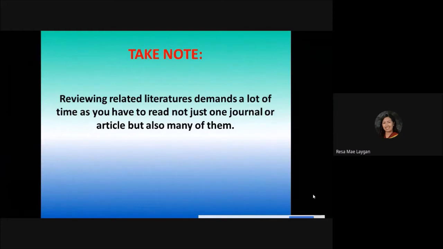So you have to read and read and read over again, not just one journal or an article, but a lot of them. So it's really quite demanding, no? It consumes time, energy, and of course, focus, because you really have to understand, not just read those literatures, but understand what you have read from those literatures.